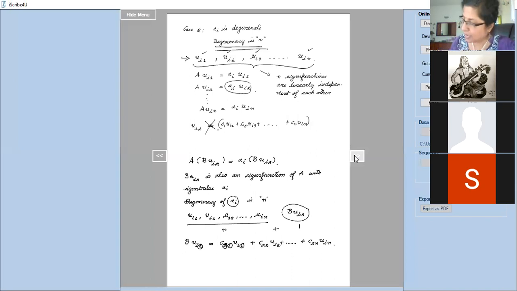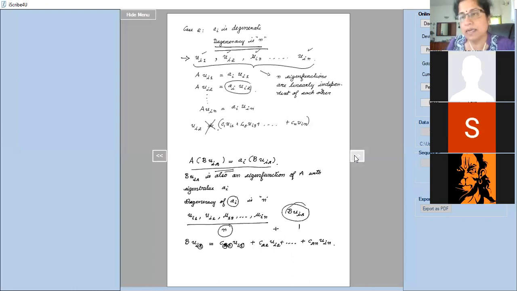Please remember, we already had n functions. Now we are putting one more because this is also there, right? So obviously, this particular function we should be able to write as a linear combination of all these here. That's all that I have written here. So now we will do one thing.